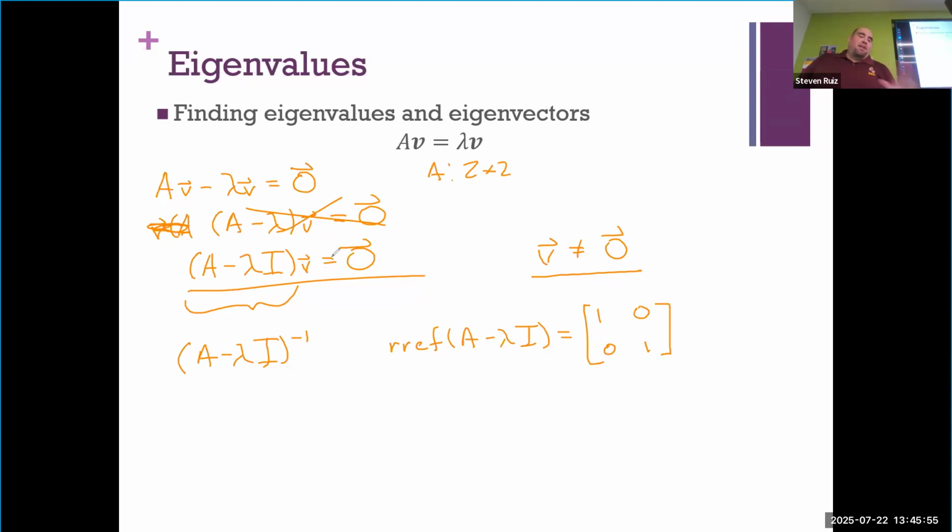So I'm glad you brought this up, because this is the exact thing I'm trying to avoid. I only want to look at the vectors that are not zero, that when I multiply them by A minus lambda I get zero. The only way that happens is if this matrix does not have an inverse. So how can I tell when a matrix does not have an inverse? The determinant does equal zero.